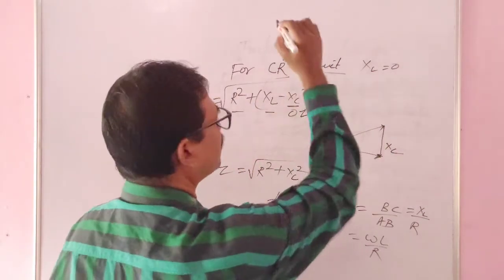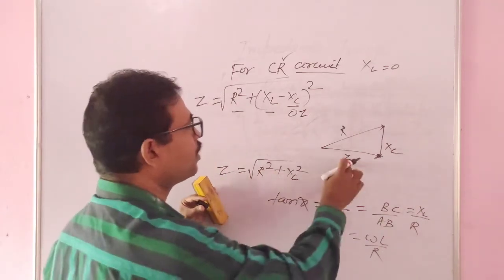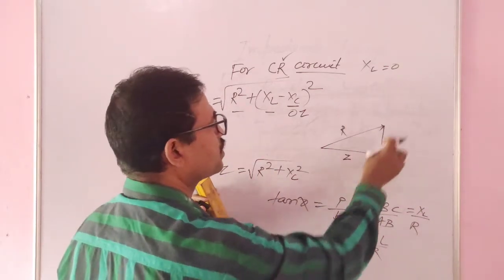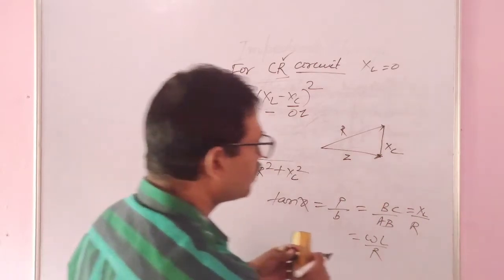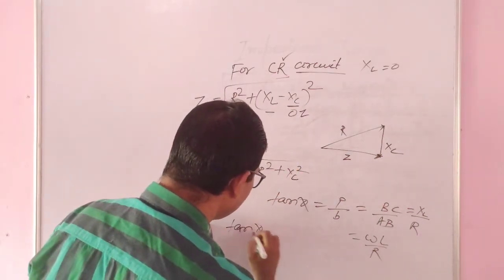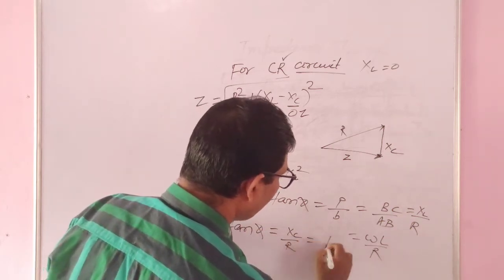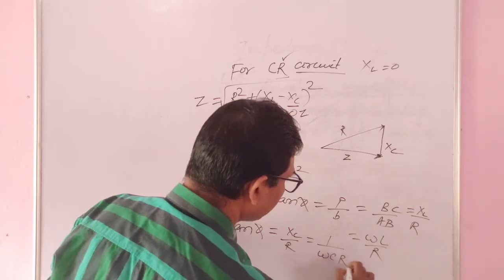Understood? So for impedance, Z is equal to the square root of R square plus XC square. In that case, tan phi is equal to XC by R, that is 1 by omega CR.